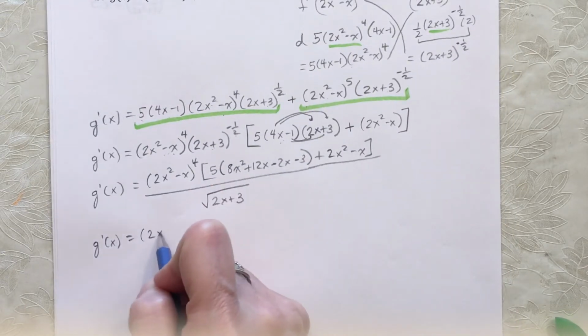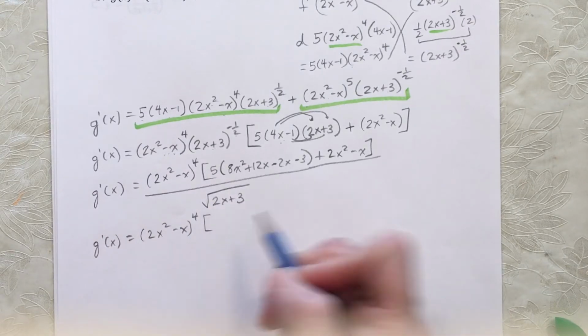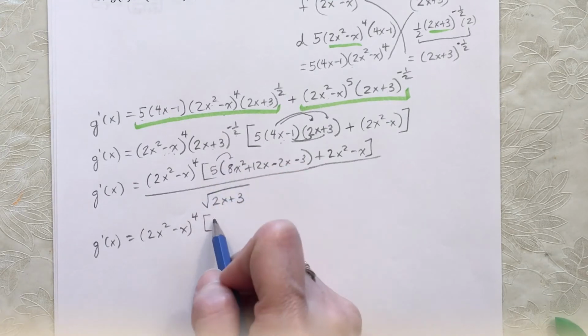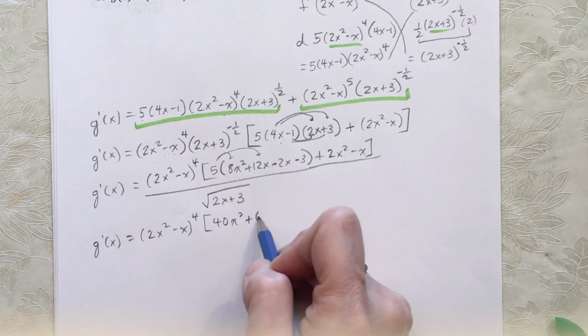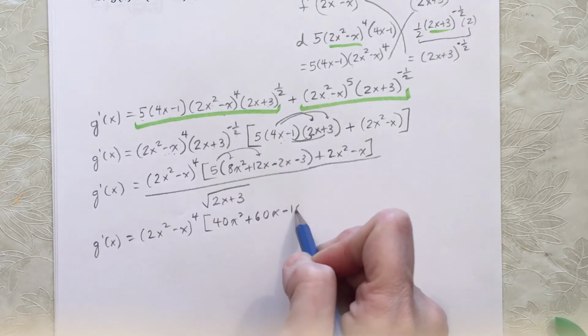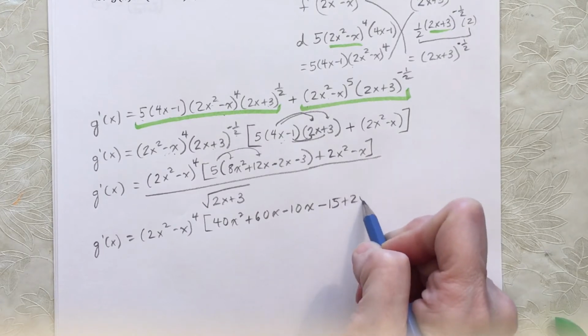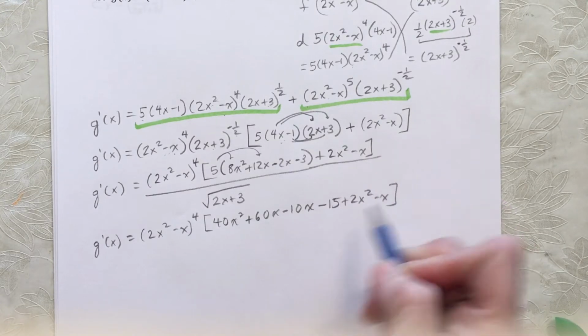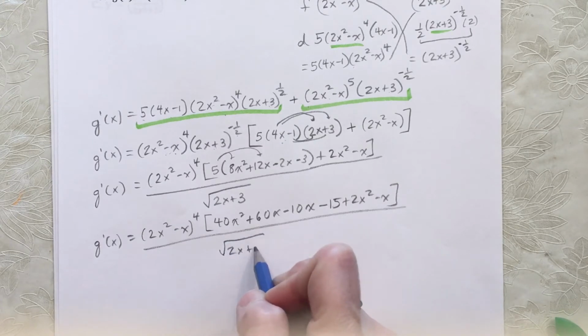So (2x squared minus x) to the fourth times, so now I distribute the 5: 40x squared plus 60x minus 10x minus 15 plus 2x squared minus x, all over the square root of 2x plus 3.